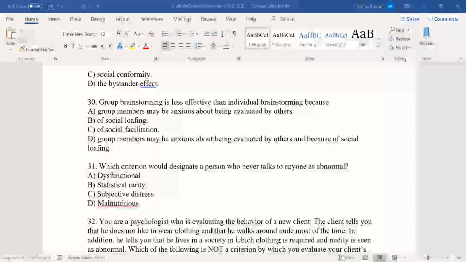Okay, so someone is saying C. A lot of people are saying C. There are a few A's in there, but the answer is A, prejudice.